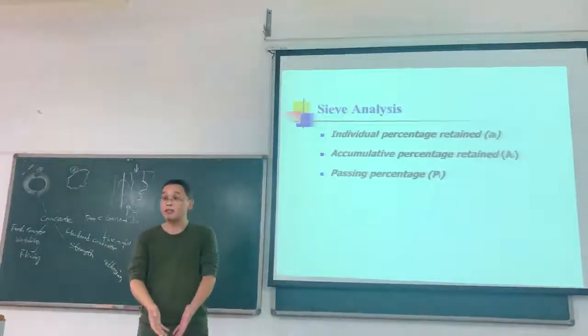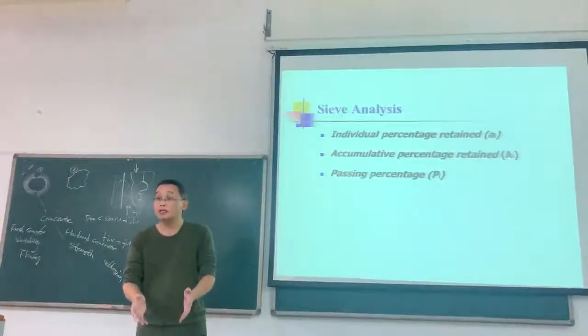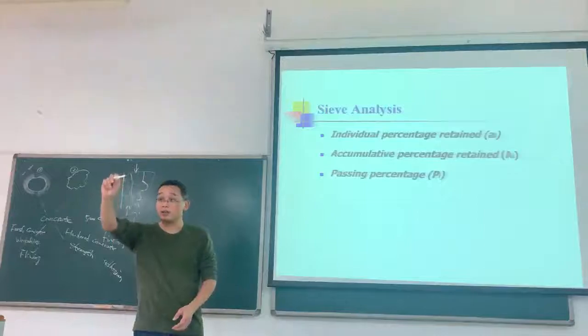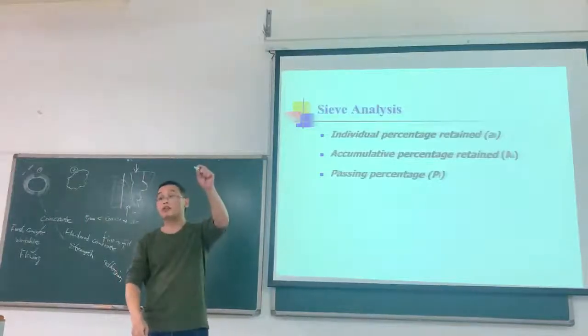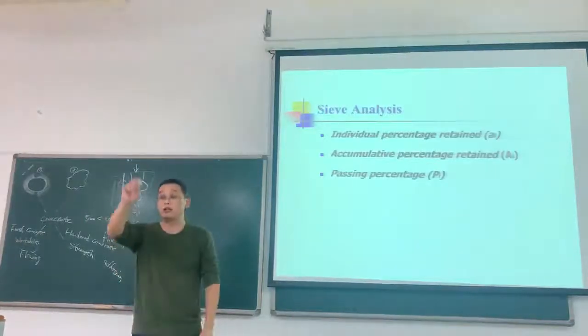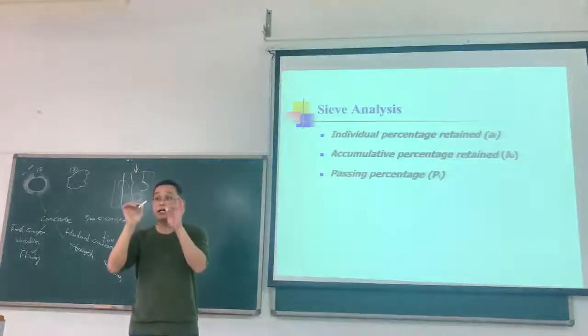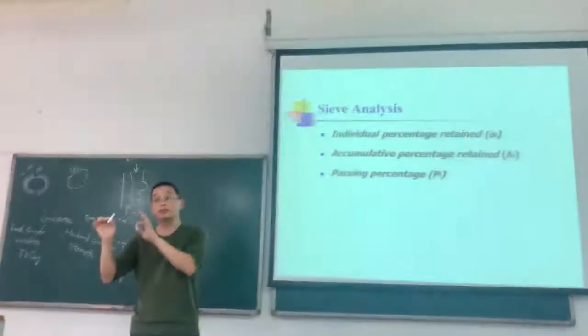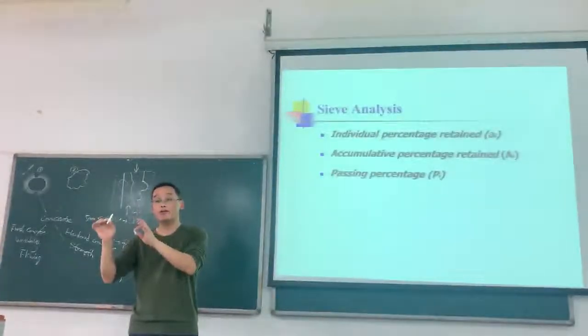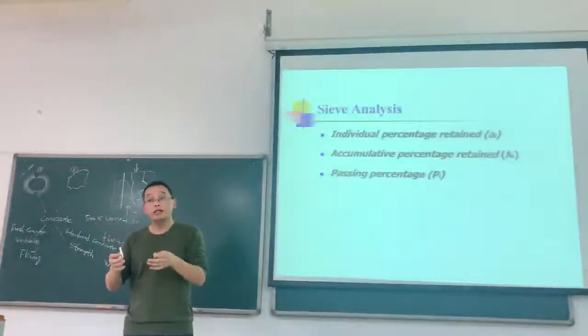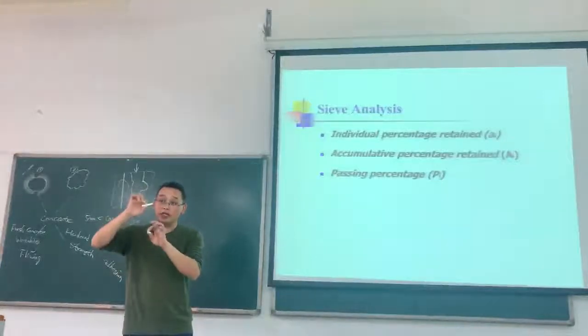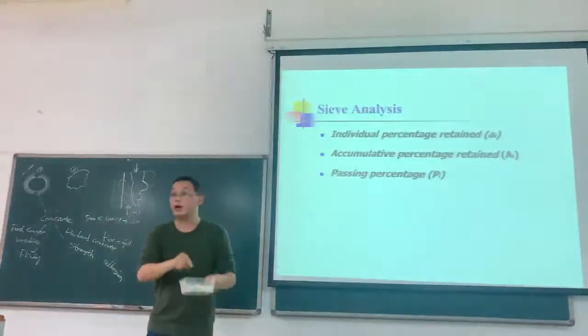The total percentage is 100. Maybe this one is 30%, this one is 40%, this one is 30%. We need to know the different sizes and the different proportions. So how can we evaluate the gradation of the aggregates?